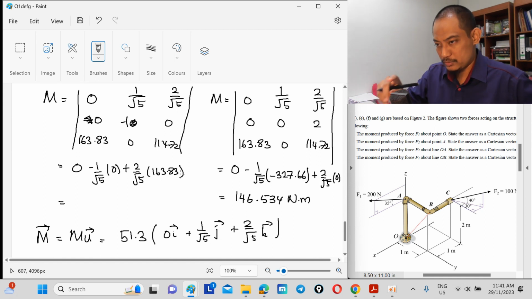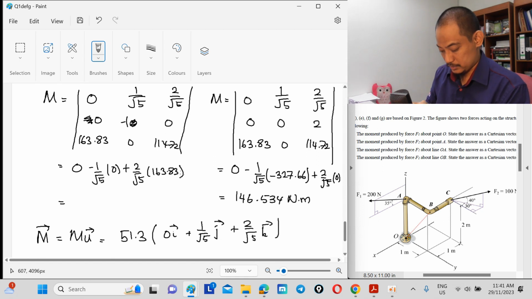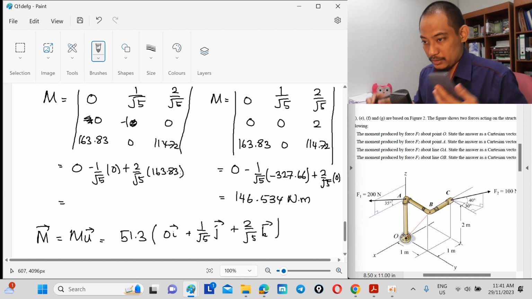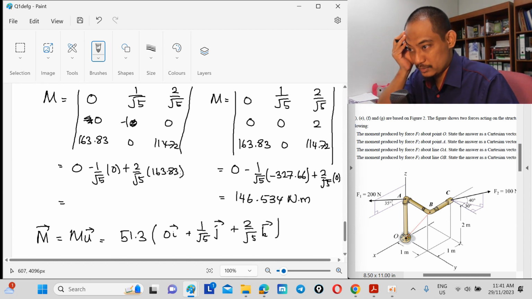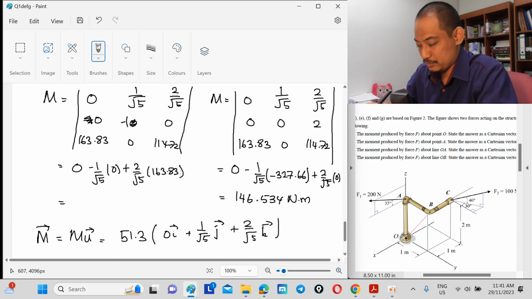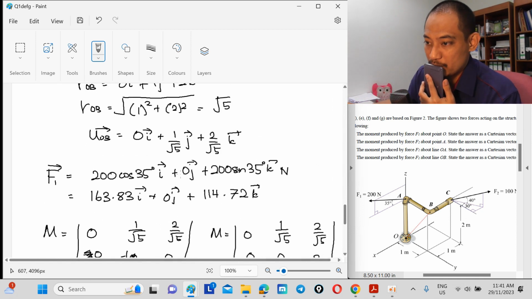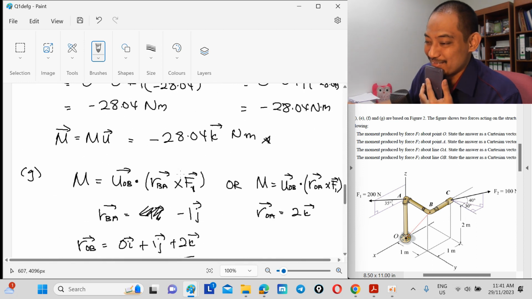Because 0 minus becomes plus, right? So 163.83 divided by square root of 5. Okay, now it's wrong again. What am I doing? Why is it wrong again? Okay, so let me check.